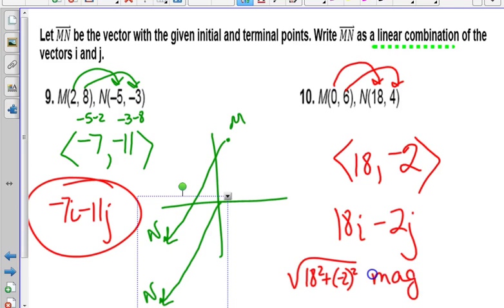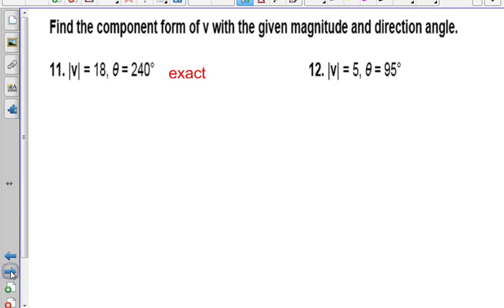So the magnitude of that vector would be, I don't know, square root of 328 or 18.1. Okay, so I don't want to do the unit vector thing either, so let's be done with that, okay?